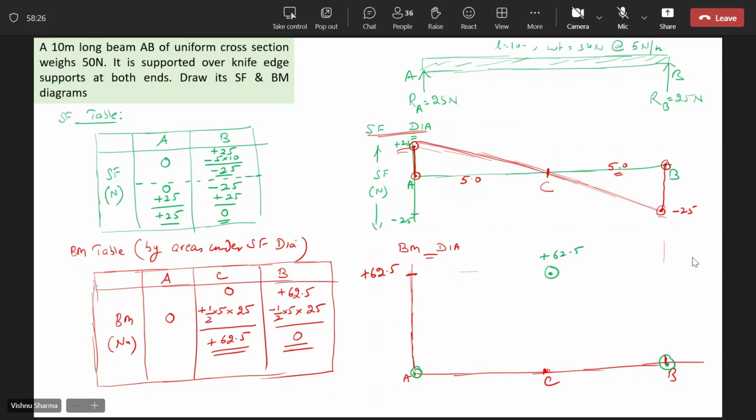So that means A, 0, and C, plus 62.5, will not be joined by a straight line. They will be joined by a curve. You are integrating areas under a slanting line, and when you integrate areas under a slanting line, you'll get a curve. Okay. Now, curves can have different shapes. There can be infinite curves that you can draw between 2 points.